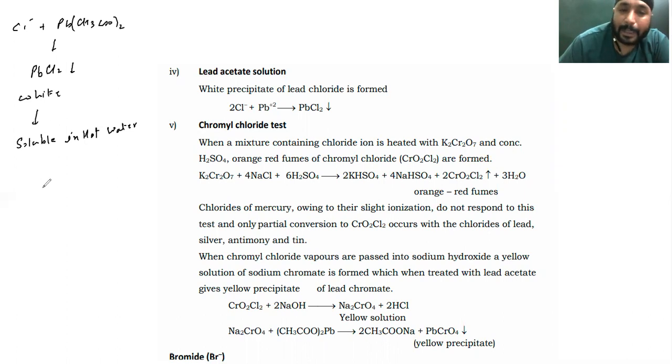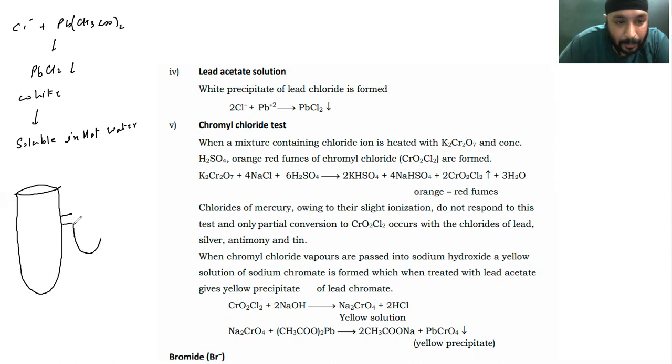Now, what exactly is there in the chromyl chloride test? I'll take a test tube with a U-tube in it. So this is a test tube which has a U-tube inside it.